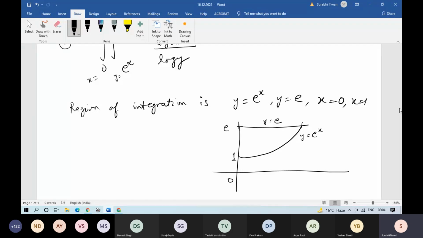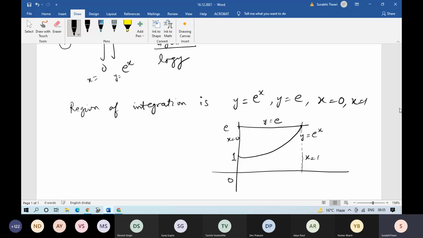Now find out the point of intersection of y is equal to e and y is equal to e raised to the power of x here. So you get x is equal to 1 here. So this is x is equal to 1 and x is equal to 0. So x is equal to 0 is this.